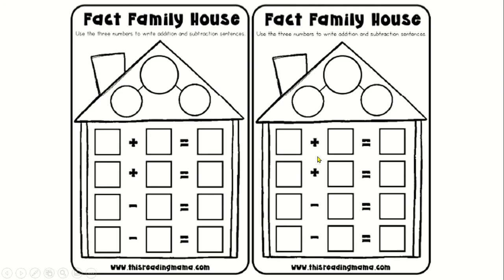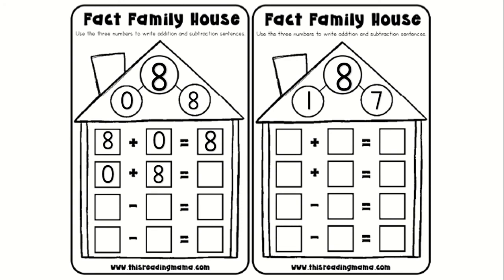When you are done with your Unifix blocks and the tens and units, I want you to clap your hands and fold your arms and pay attention as we do the number bonds of number 8. We're going to look at the number bonds of number 8, namely 0 and 8 and 1 and 7. So 8 plus 0 equals 8, 0 plus 8 equals 8, 8 take away 8 equals 0, and 8 take away 0 equals 8.